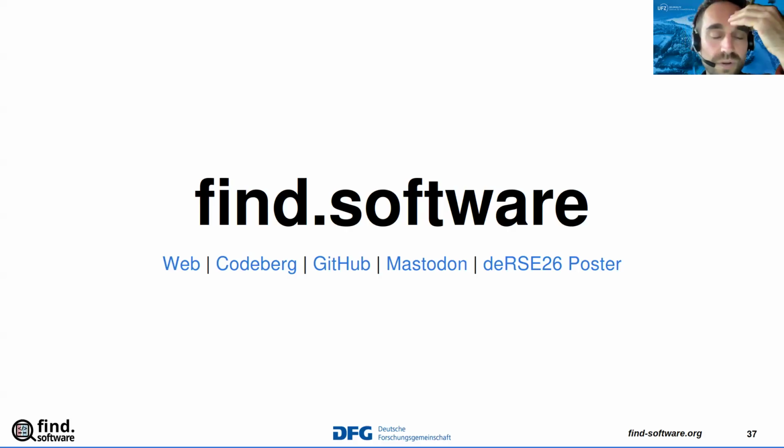A simple example, because a lot of you know it, is GitHub. I mean, there's a lot of software. Let's not talk only about research software. Let's talk about software.